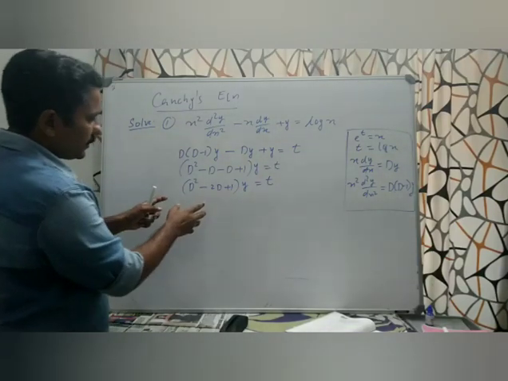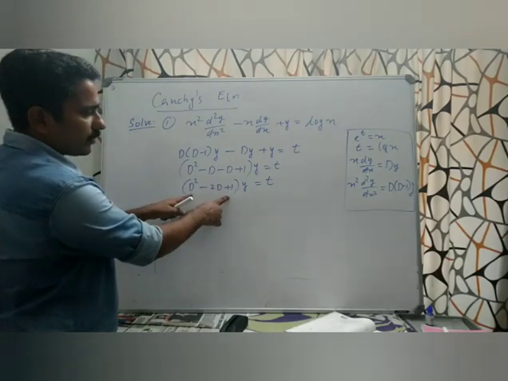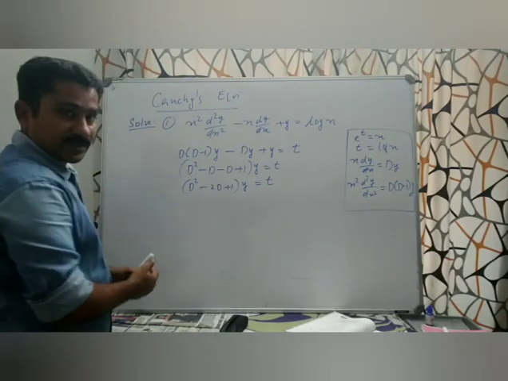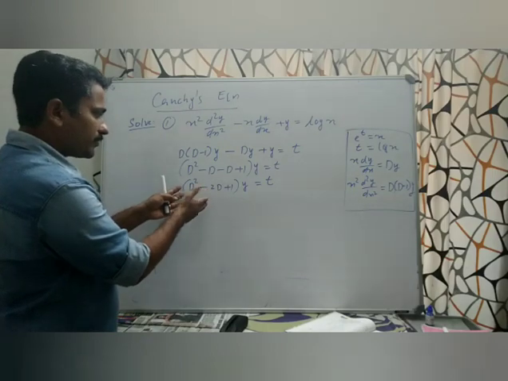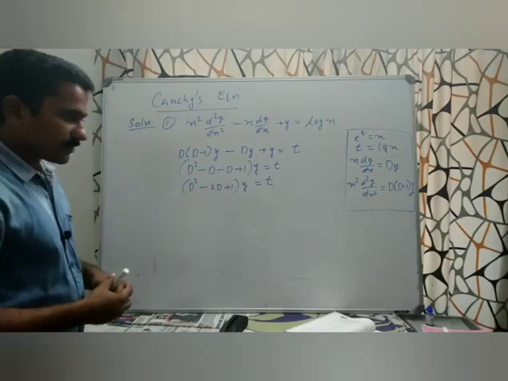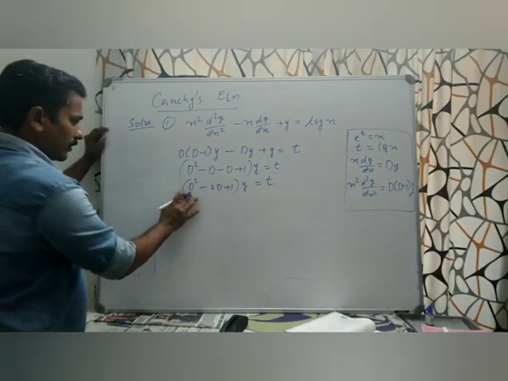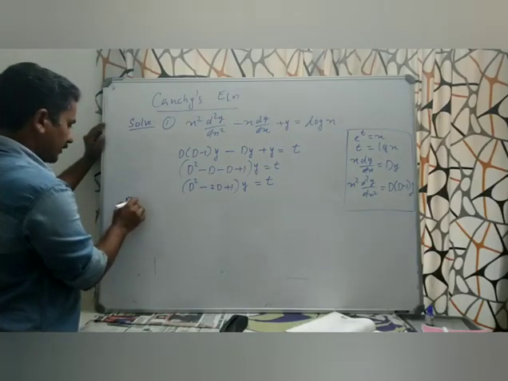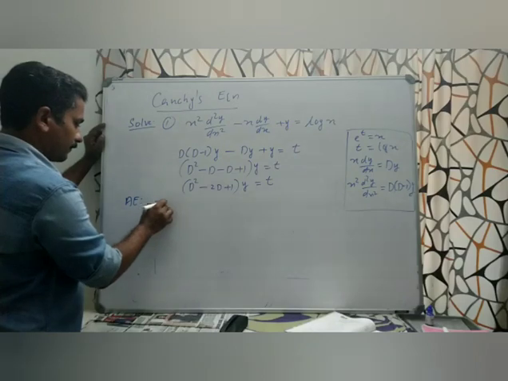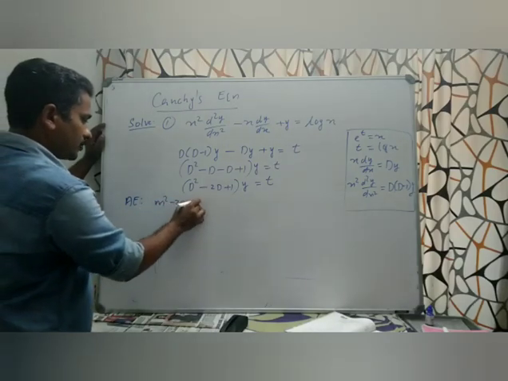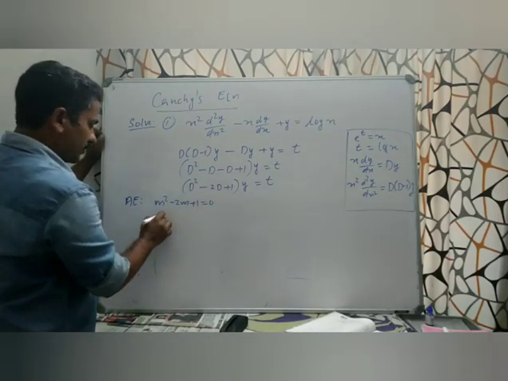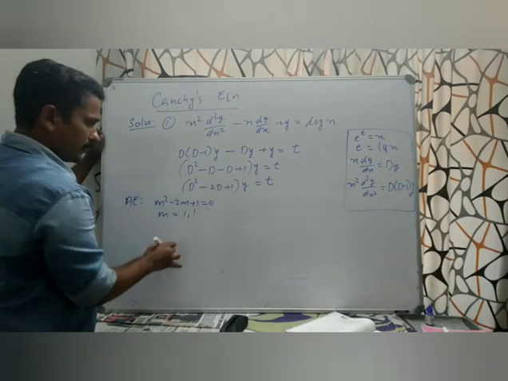Now this one is a linear differential equation with constant coefficients. So the solution of this one definitely contains the complementary function and particular integral. For the complementary function, first you write the auxiliary equation as m square minus 2m plus 1 is equal to 0, and m is going to be 1, 1.